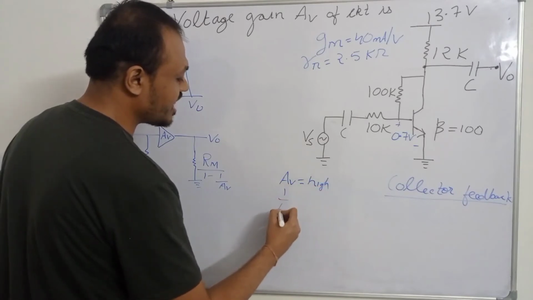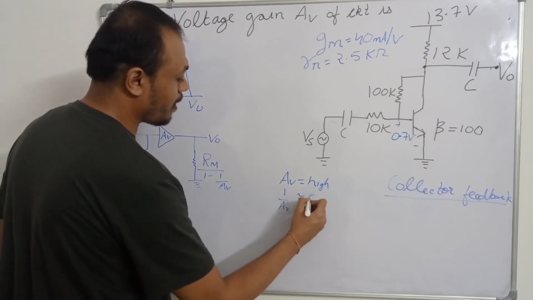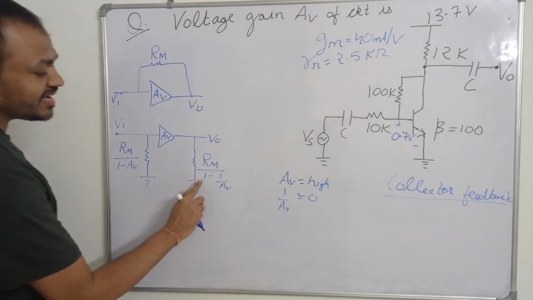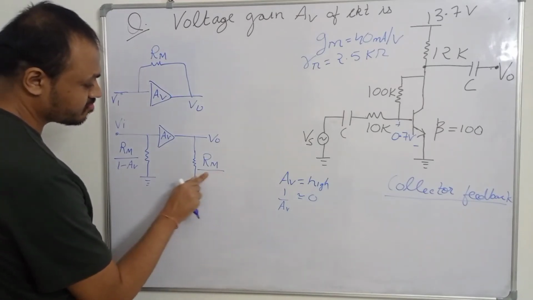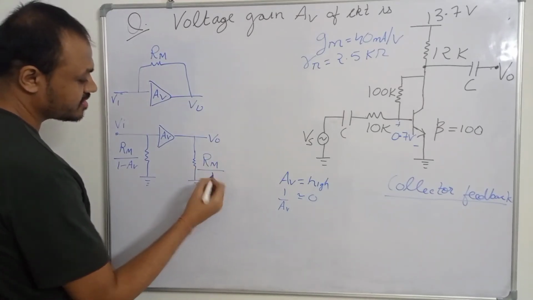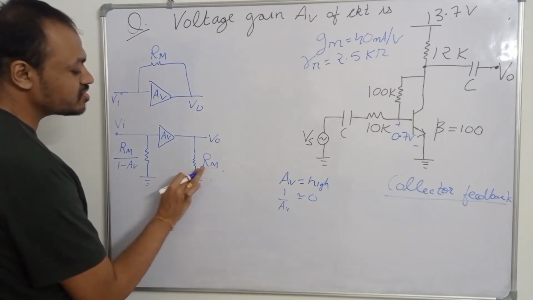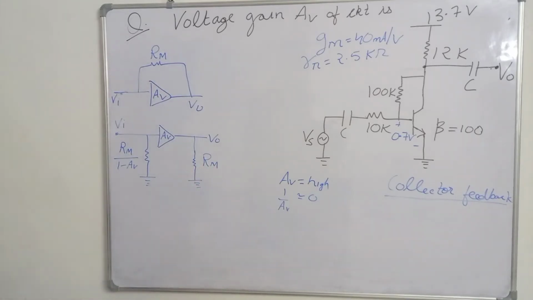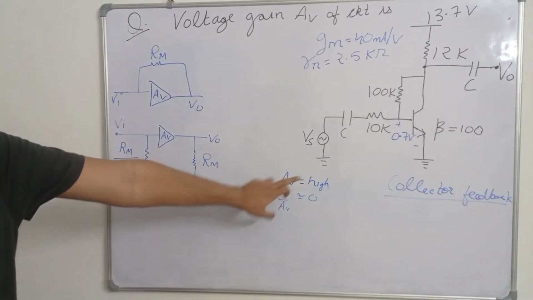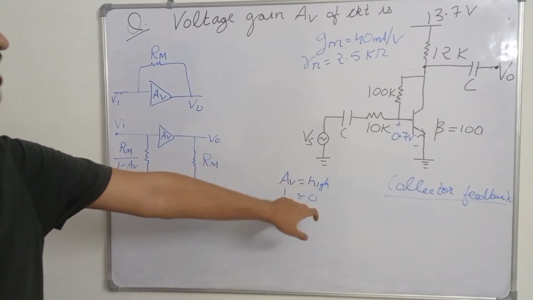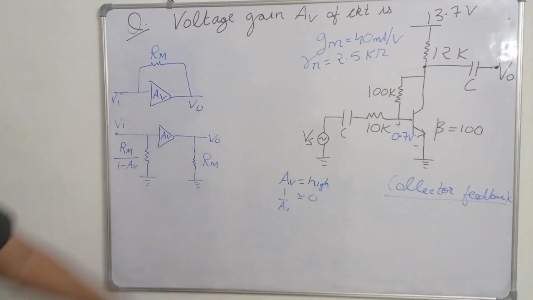So 1 upon AV will be almost equal to 0, so we can replace the factor by 1. So Rm upon 1 is obviously Rm. In this way we can draw the equivalent circuit, because AV for common emitter is very high, so 1 upon AV is equal to 0, and we can write this simply as Rm.